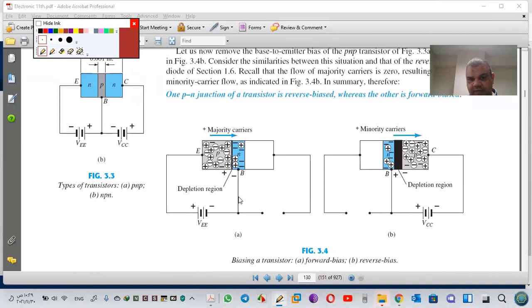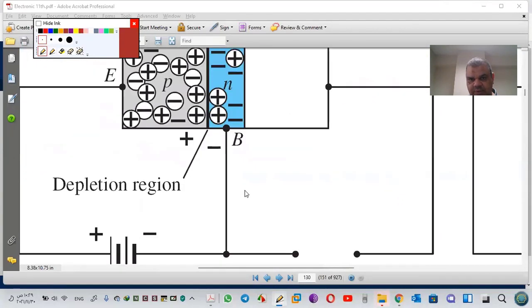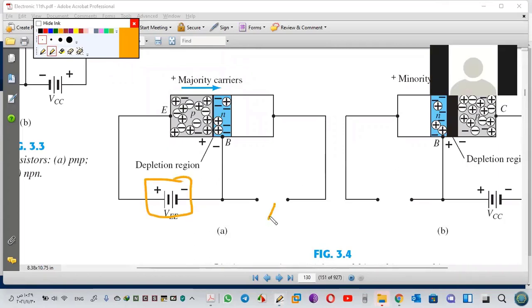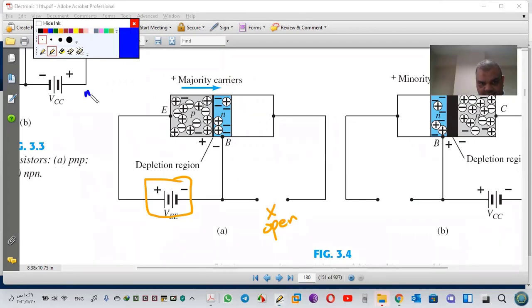If we start with this model and I connect just one battery here and leave this open, what will happen? Here at the emitter we have majority and minority carriers: in P the majority is holes, in N the minority is electrons.